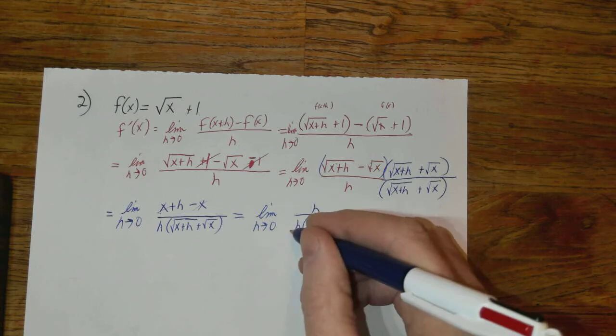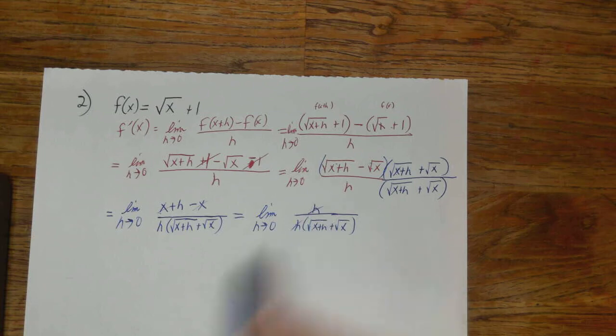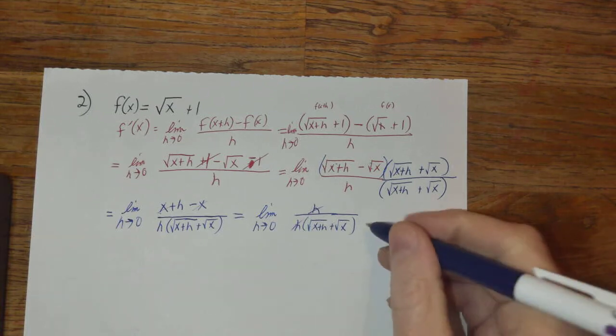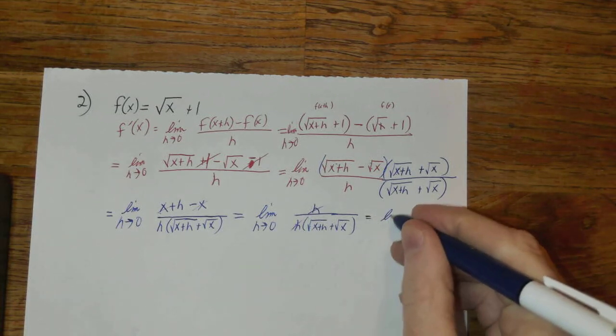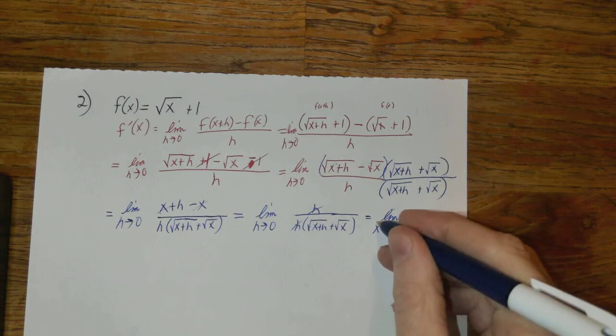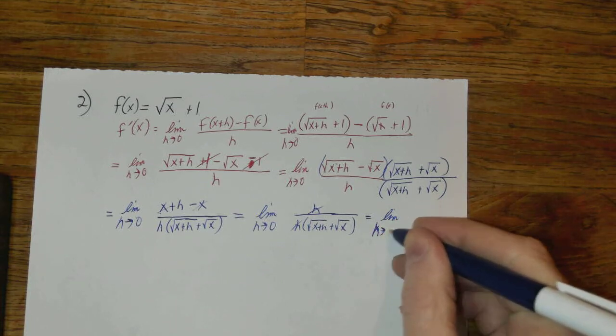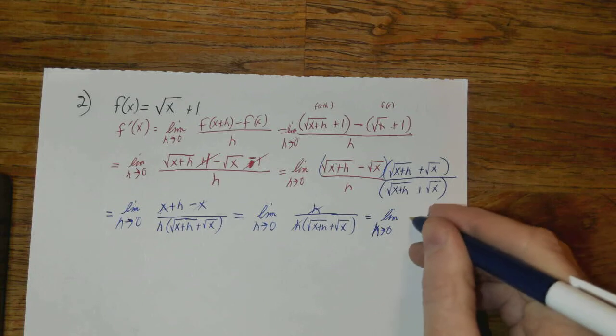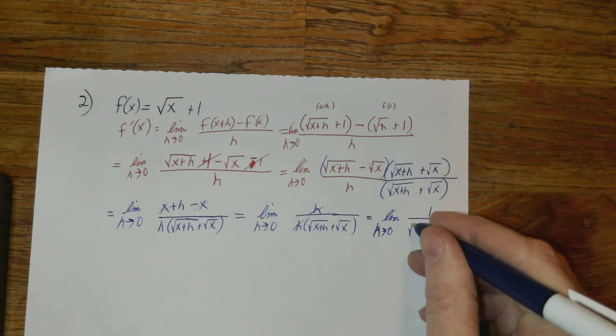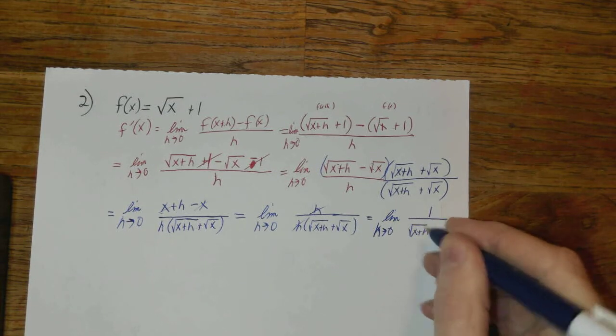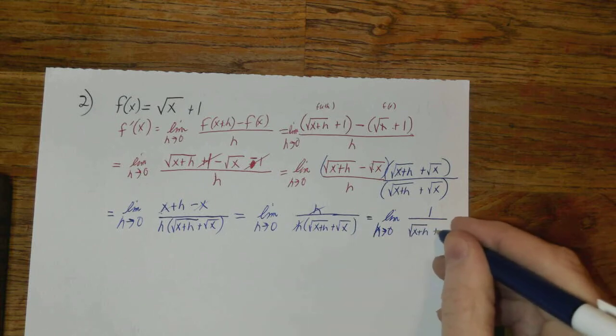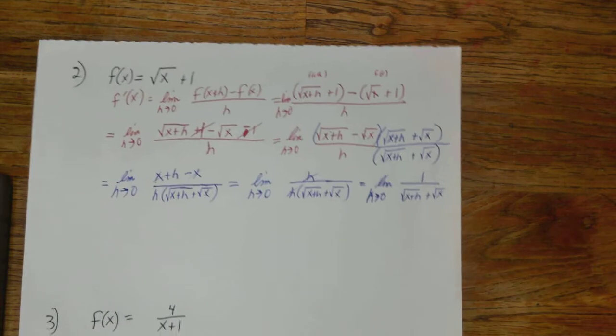Alright, that worked, because that h now does cancel. That h in the denominator is canceling. So I've got the limit as h approaches 0 of 1 over the square root of x plus h, I don't need those parentheses anymore, plus the square root of x.